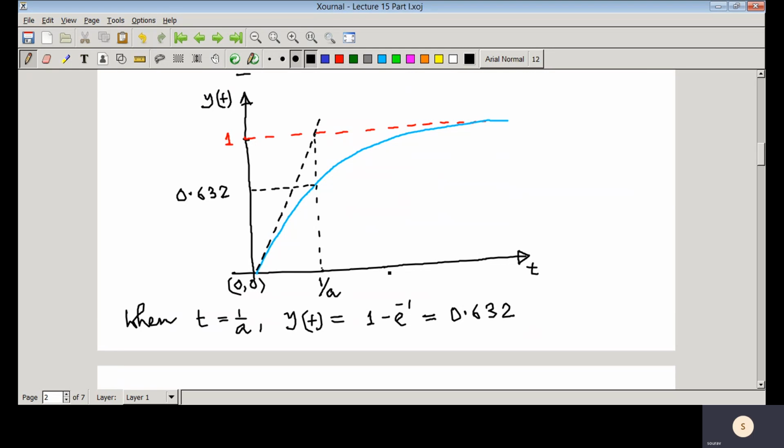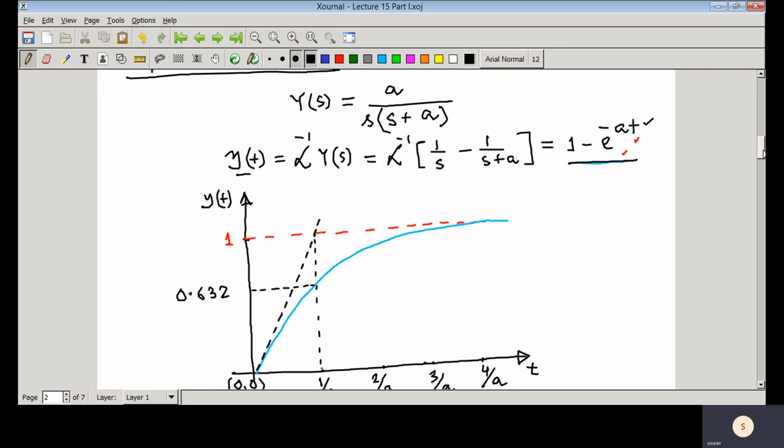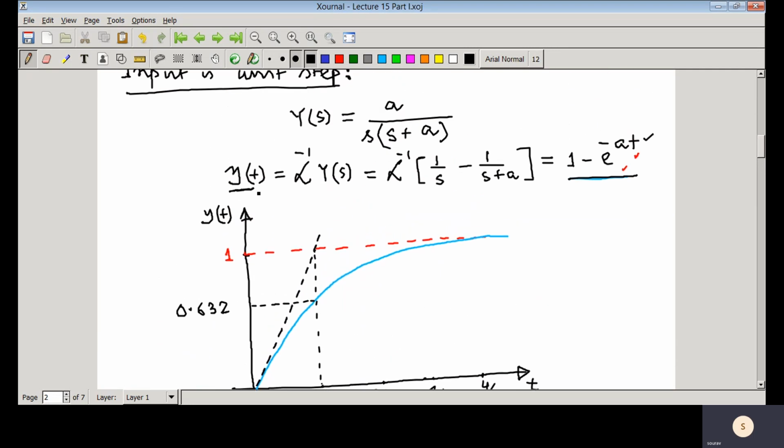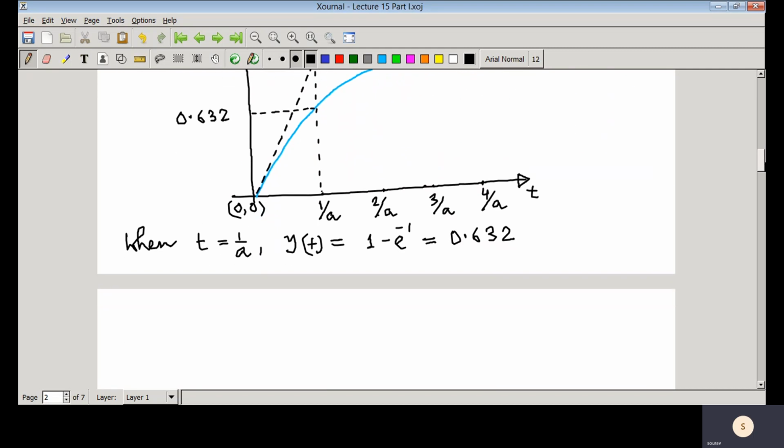Now suppose this point is 2 by a, this point is 3 by a, this point is 4 by a. Then if we take the derivative of this expression with respect to time t, what do we get?